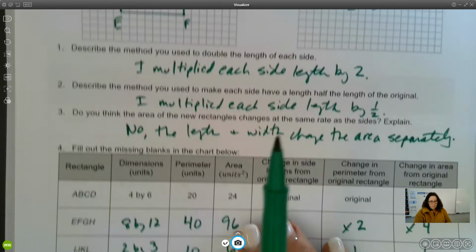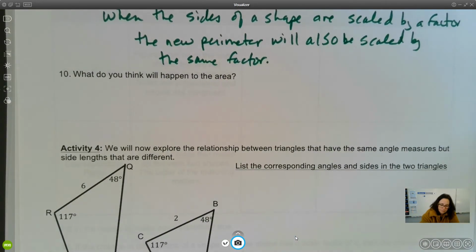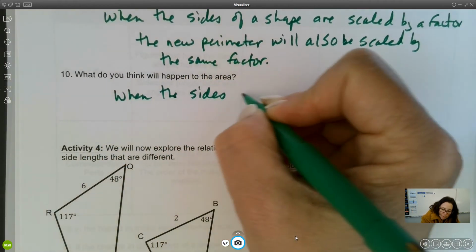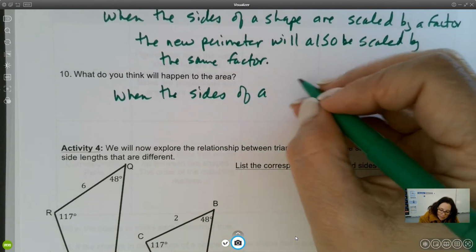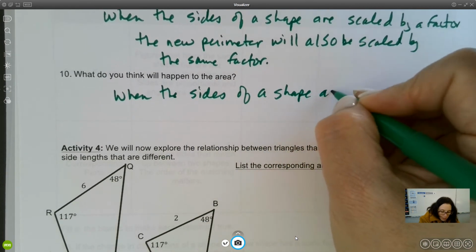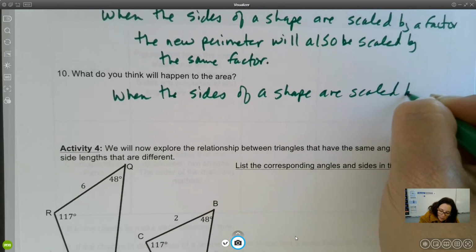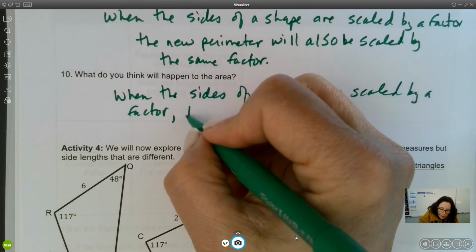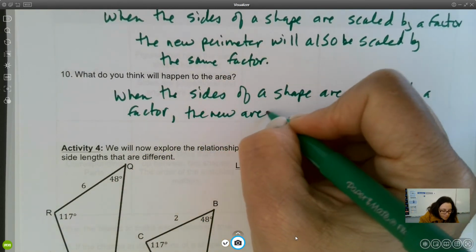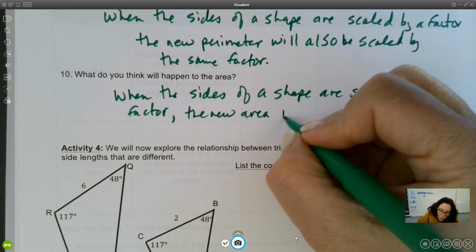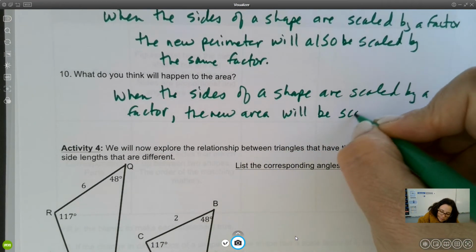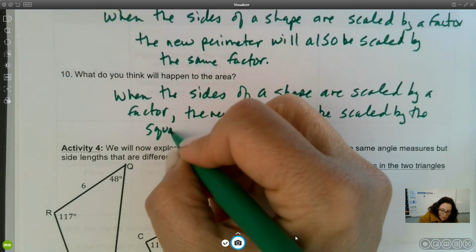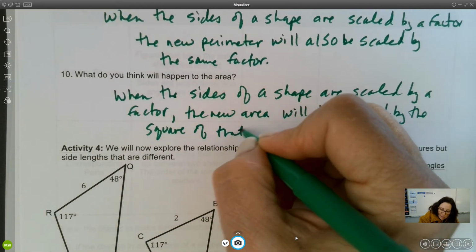Okay, let's talk about the area. When the sides of a shape are scaled by a factor, the new area will be scaled by the square of that factor.